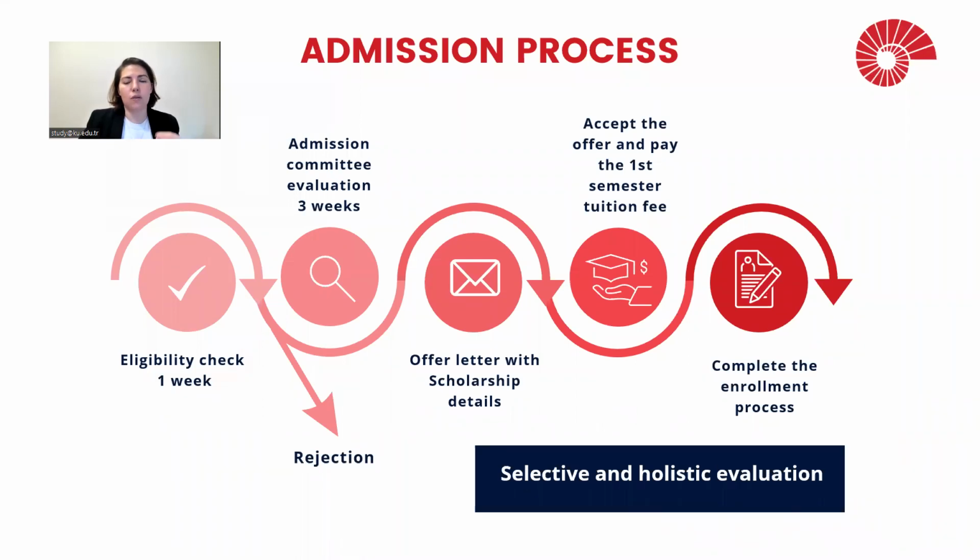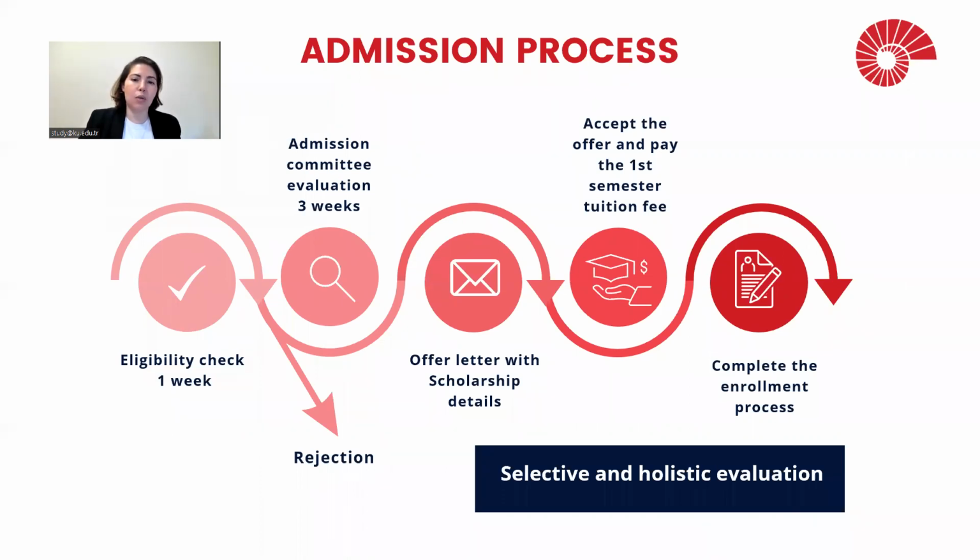That's a check in terms of your nationality, where you have completed your high school education, that all of your documents are complete, especially your high school transcripts, and that you meet our minimum scores in terms of the test or diploma scores.